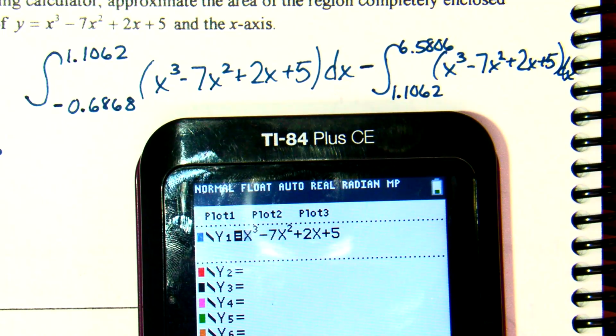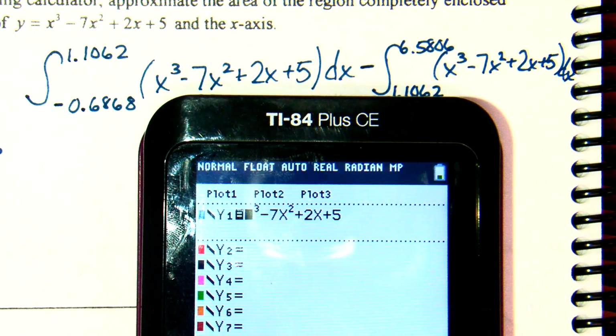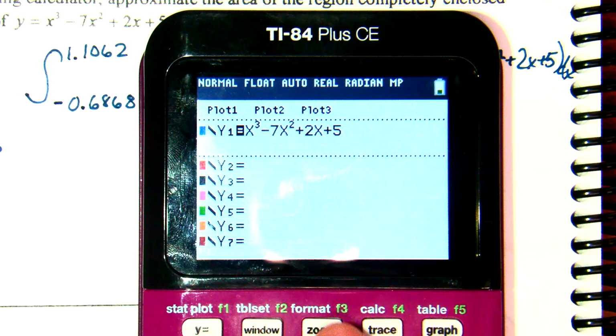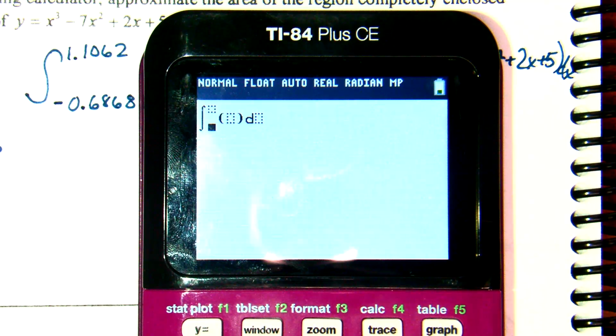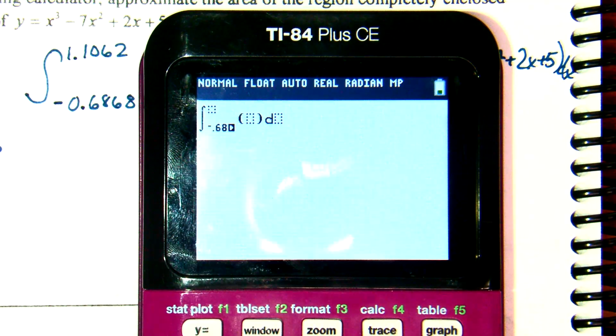So, math, number 9. I'm going to have to type in my boundaries. Negative 0.6868, 1.1062. Now, this is where I was going to type in the equation. Daryl, did you put a y1 in here and did it work? Let me put y1. Up here somewhere, it would have been alpha f4. There's a y1.